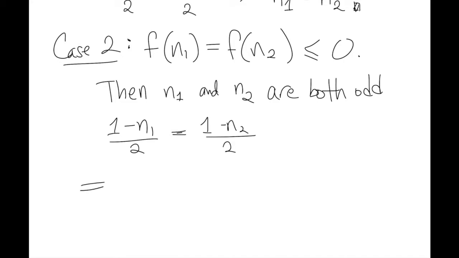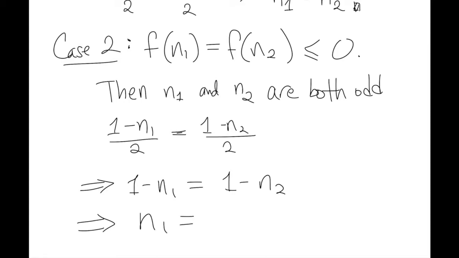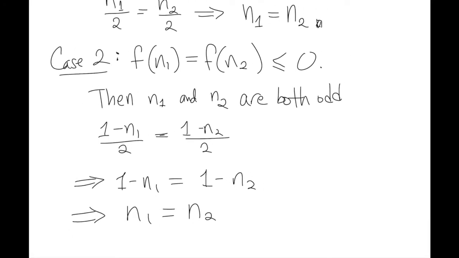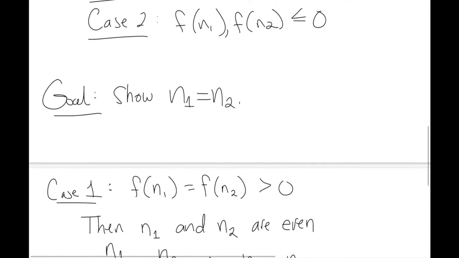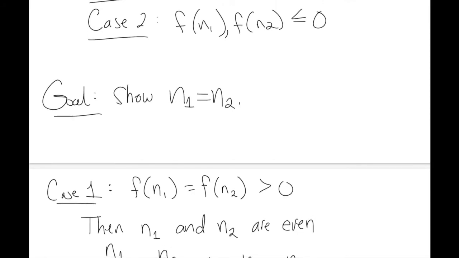And that implies then, multiplying both sides by 2, that we have 1 minus n1 equals 1 minus n2. And subtracting 1 from each side and multiplying by a negative 1 tells us that indeed we have n1 equal to n2. And so in both of these cases, we end up saying that n1 and n2 are equal, which means that we've shown what we wanted to prove.